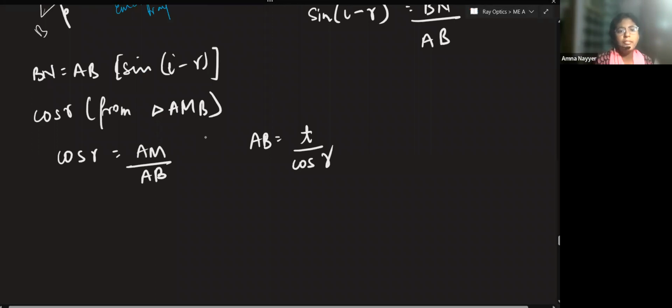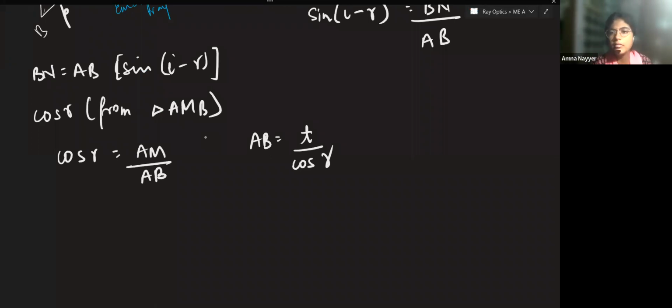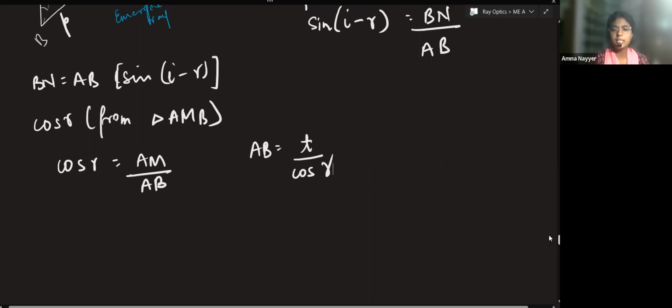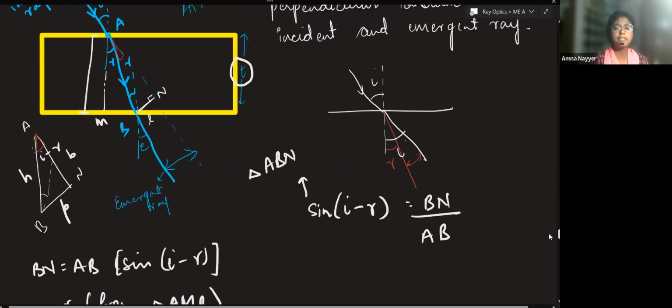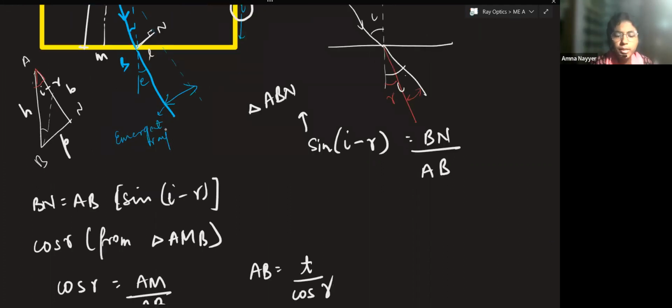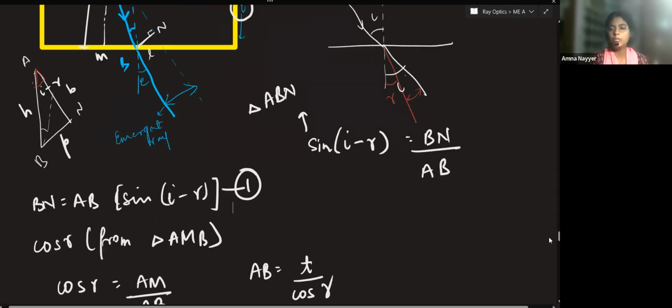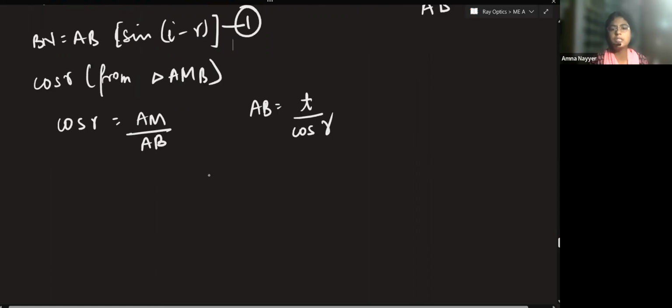Understood? And from here also we can have the value of AB. See, two triangles we had seen. This is equation 1, and now you have equation 2.